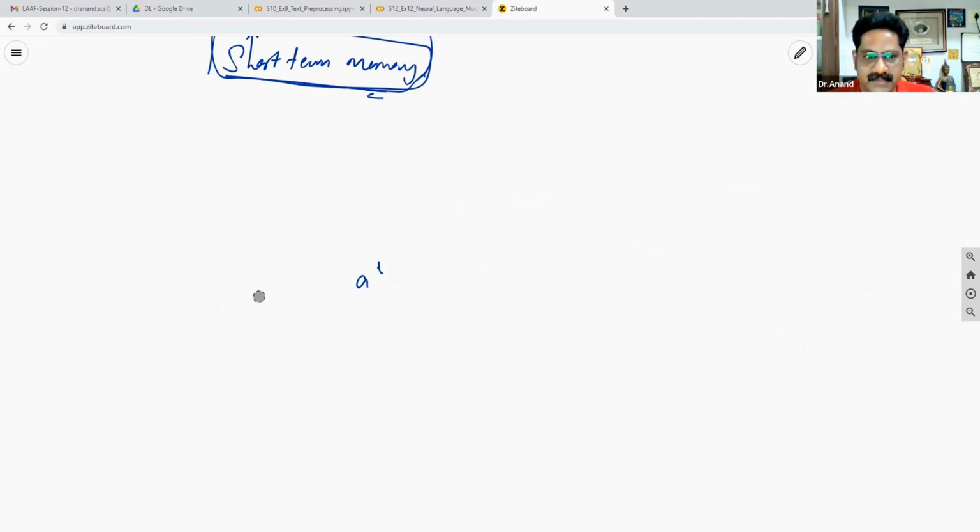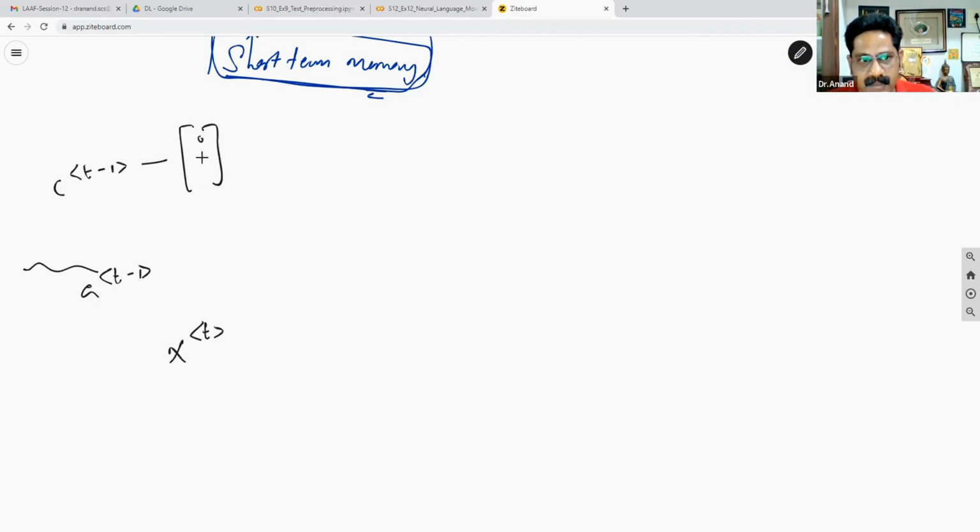Or let me start with the x t in the first block. Suppose I start with x t in the first block. The previous state, I am not aware of the previous state. I have A of t minus 1. Similarly, something I have to initialize. Initially I am going to say my long-term memory is all 0, and my short-term memory is also 0 for the first instant of x t.